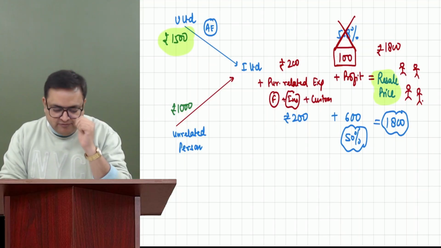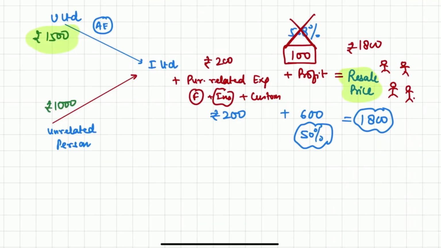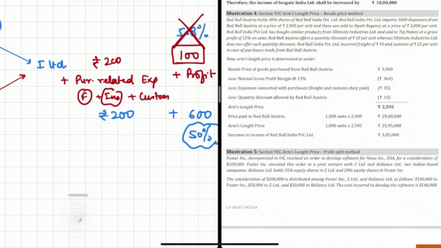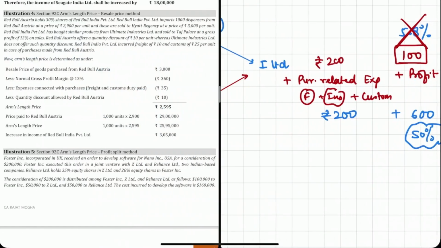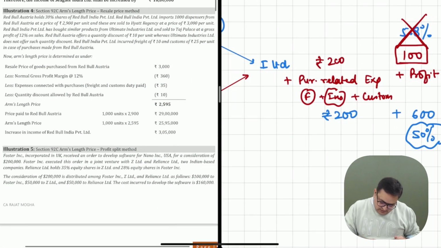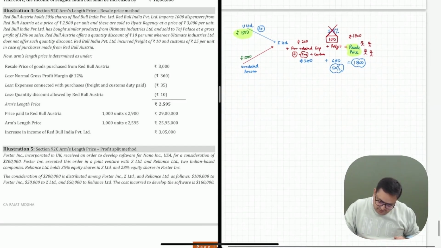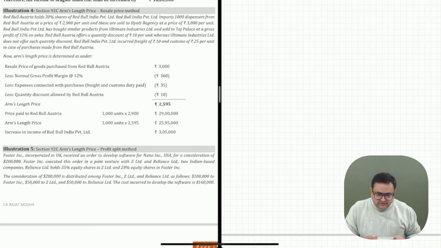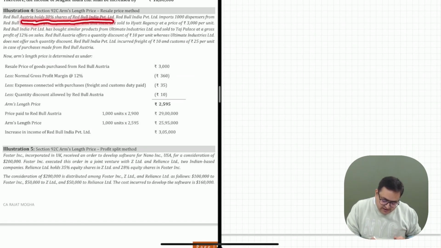Let us do with the help of an example. So this is illustration number 4. It says Red Bull Austria holds 30% shares of Red Bull India Private Limited.